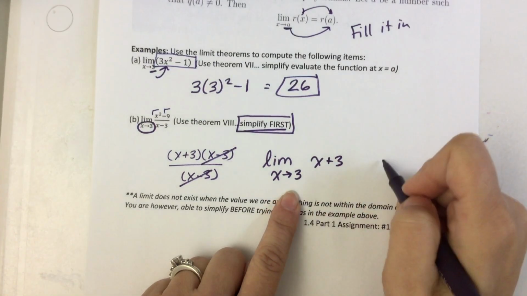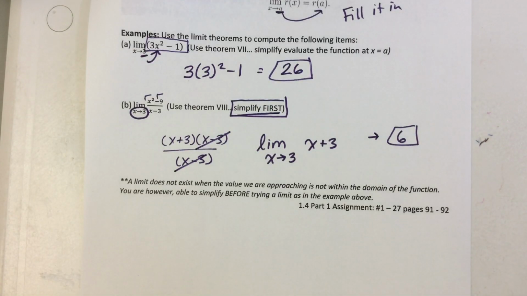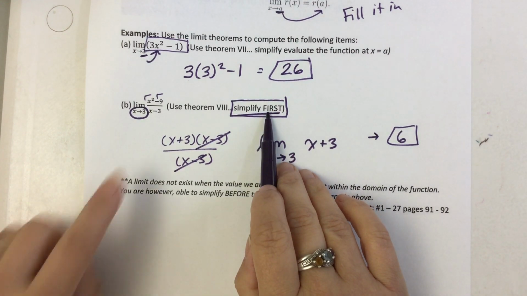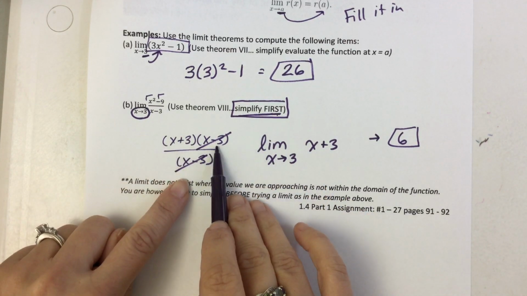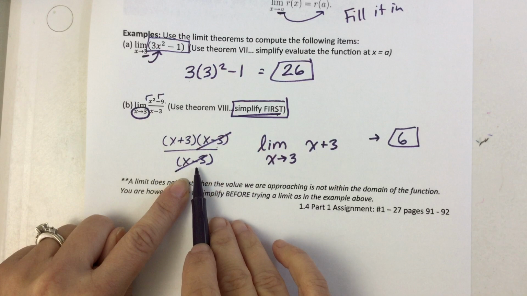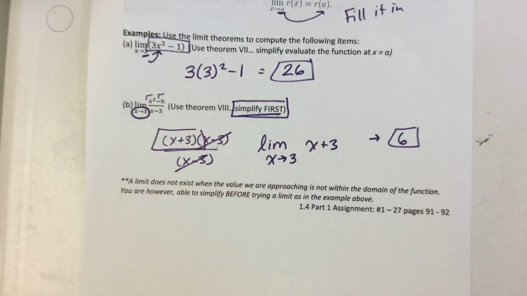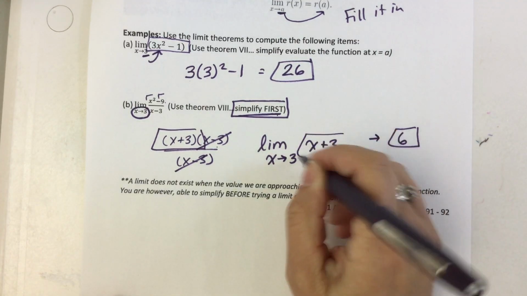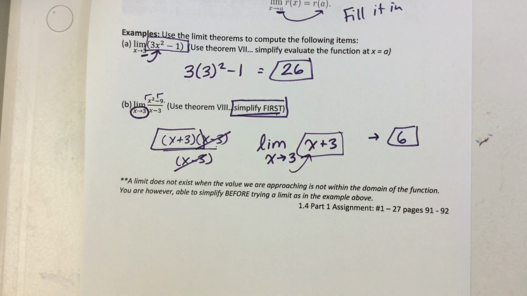Now I can fill that 3 in. 3 plus 3 is 6. Because a limit is approaching the value and it's not necessarily equal, you are allowed to simplify rational expressions first. That's what we did here. I factored the top, the bottom could not be factored, crossed out what they had in common. What I had left is x plus 3. Then you can find the limit of that because you can put the 3 in, okay?